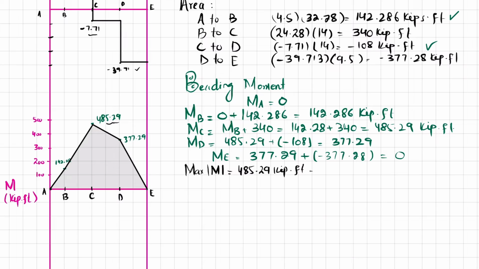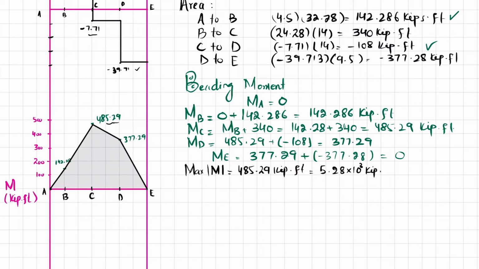And in terms of inches, you have to multiply, since 1 foot is equal to 12 inches, 12 with 485.29. It will give you 5.28 into 10 raised to power 3 kips into inch.